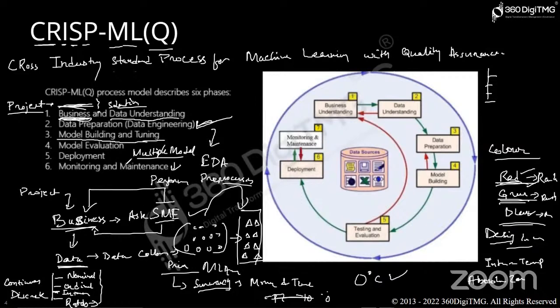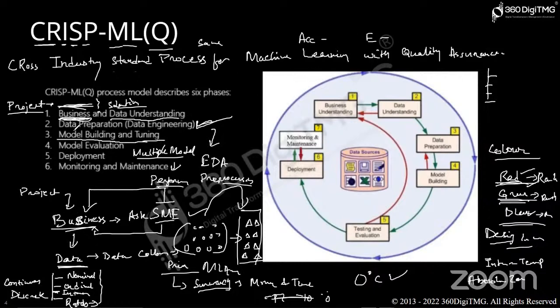Once this is done, next we will evaluate the model. So we will compare the performance of all the models, but this performance should be measured using the same criteria. So if we are measuring accuracy, we'll have to measure accuracy for all the models. If we are measuring error, we'll have to measure error for all the models. Okay, like that.